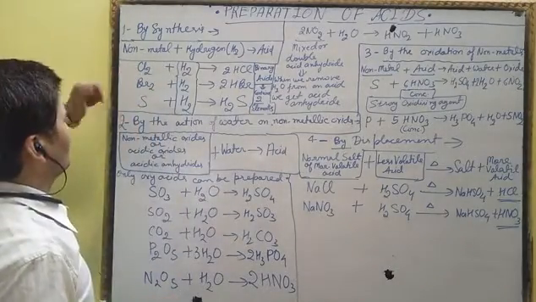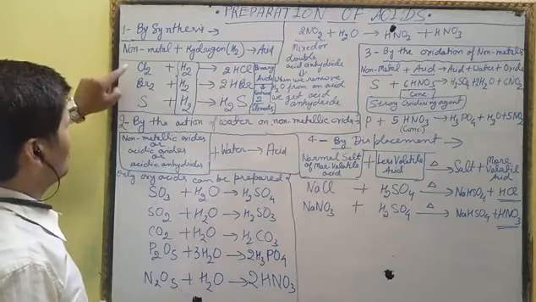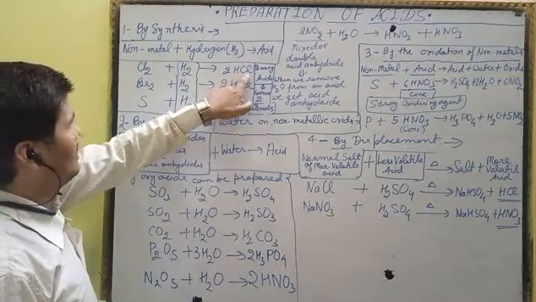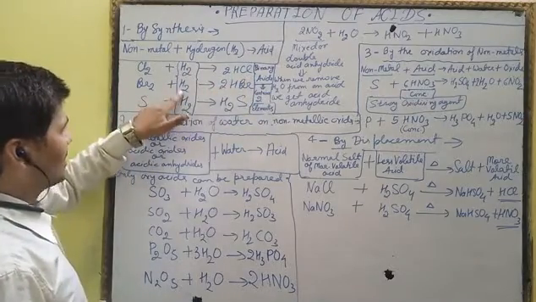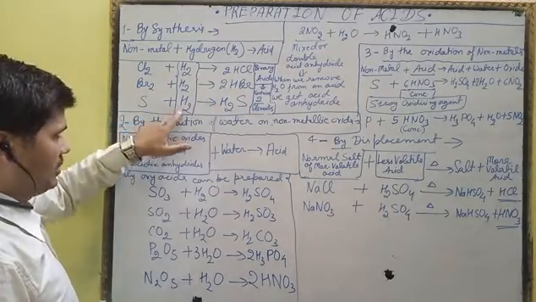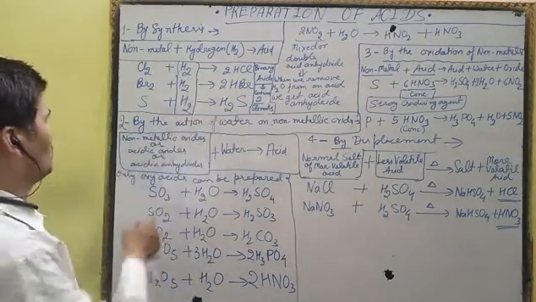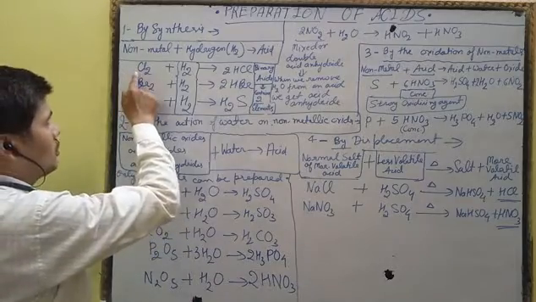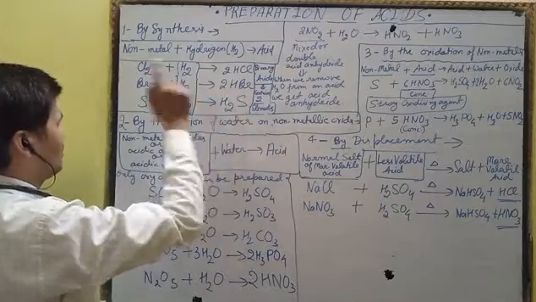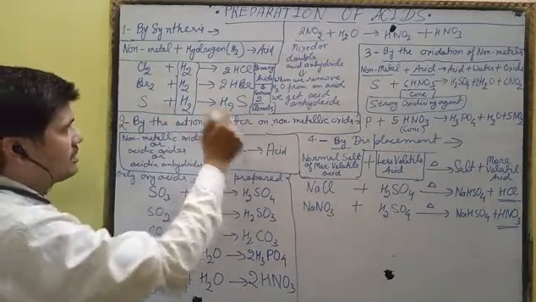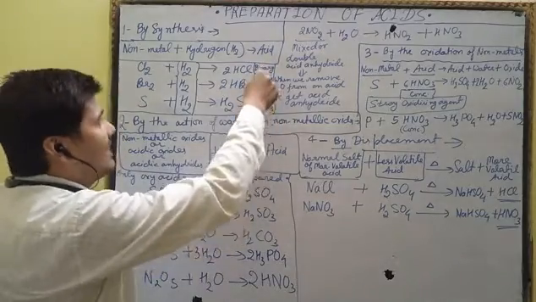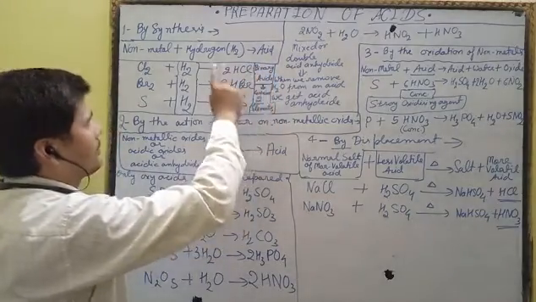Chlorine combines with hydrogen to form 2HCl, bromine combines with hydrogen to form 2HBr, and sulfur combines with hydrogen to form H2S. So from chlorine we produce hydrochloric acid, from bromine hydrobromic acid, and from sulfur hydrogen sulfide. Only binary acids can be prepared from this method.